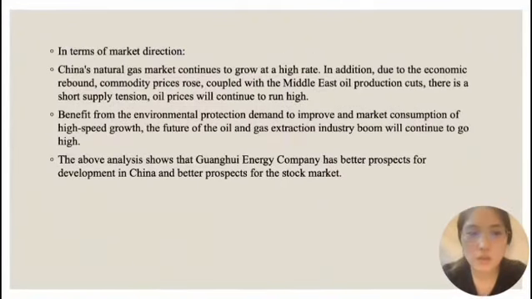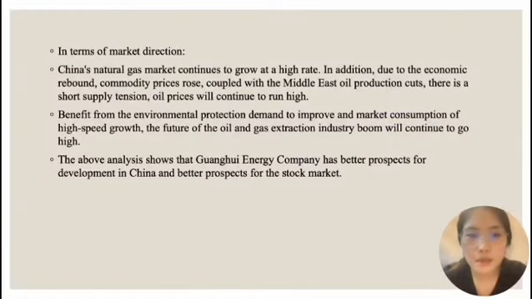In terms of market direction, China's natural gas markets continue to grow at a high rate. In addition, due to the economic rebound, commodity prices rose, coupled with the Middle East oil production cuts, there's short supply tension. Oil price will continue to run high.